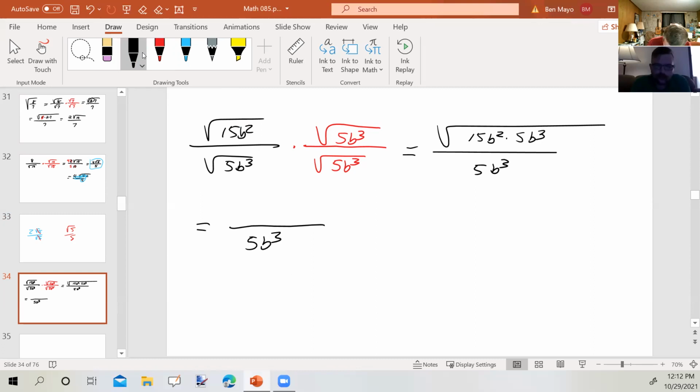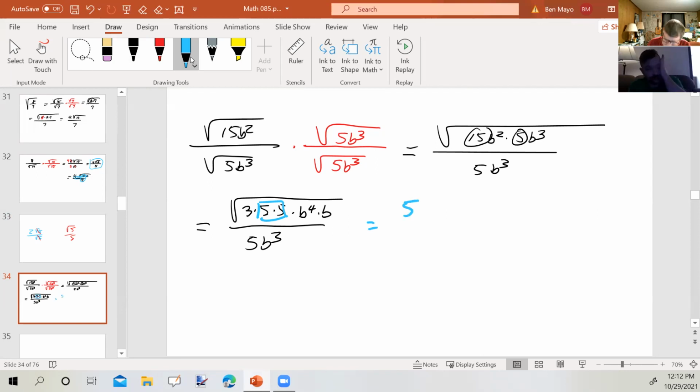Let's see. I'm going to take the 15 and the 5, and I'm going to write it as 3 times 5 times 5. And then b to the 5th, I'm going to write as b to the 4th times b. You see what I did? Okay, so now this is going to be a 5 outside.